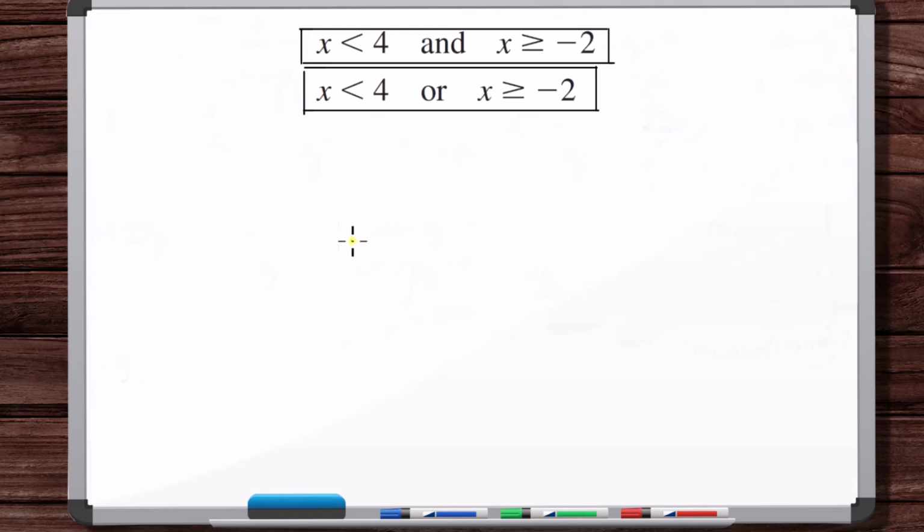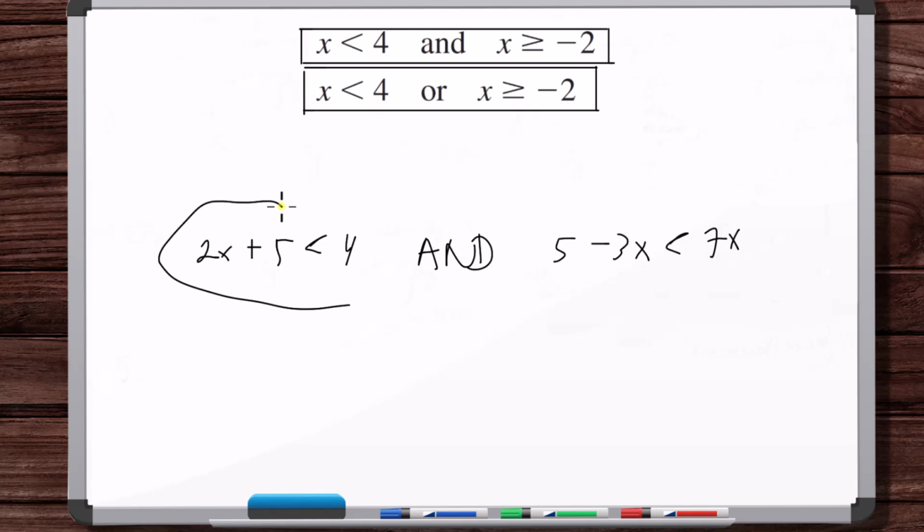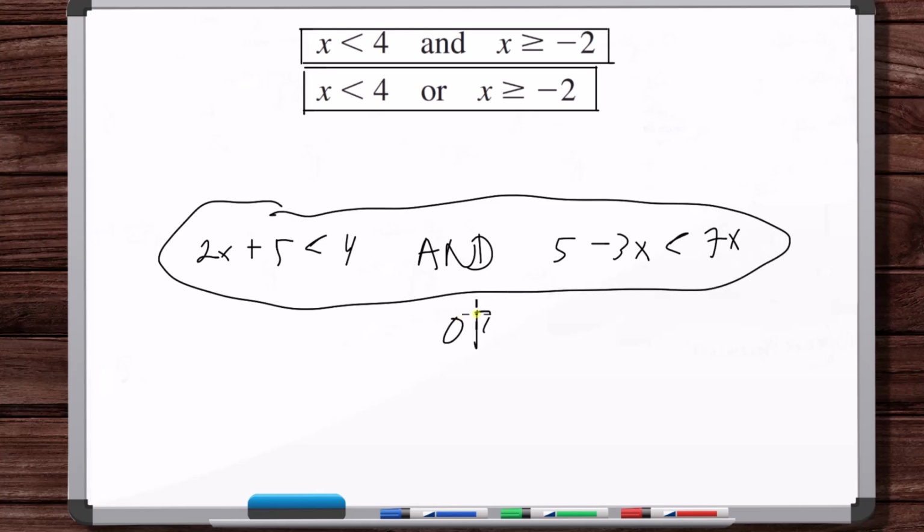Here's a simple inequality, and we could say 2x plus 5 is less than 4, and 5 minus 3x is less than 7x. It could be any type of inequality, like x squared plus 3x is less than 2.